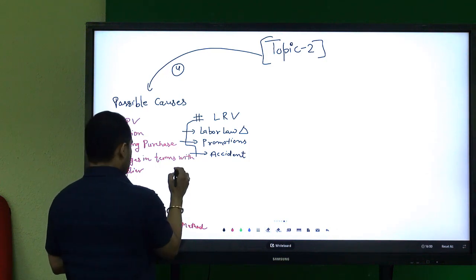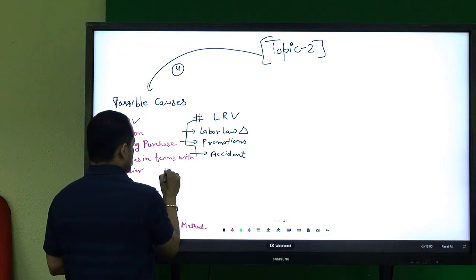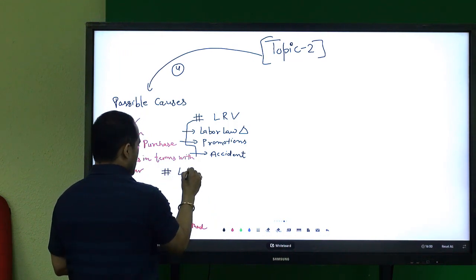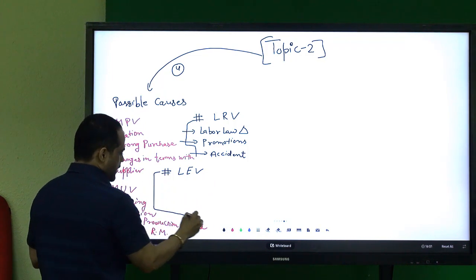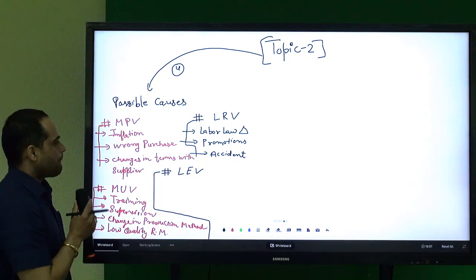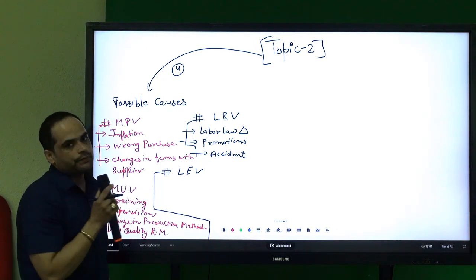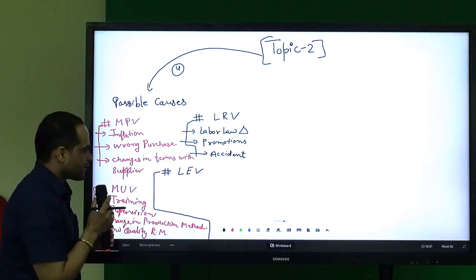Next we'll move on to labor efficiency variance. What are the reasons that the company is paying and worker performance is not really as good as we expected?